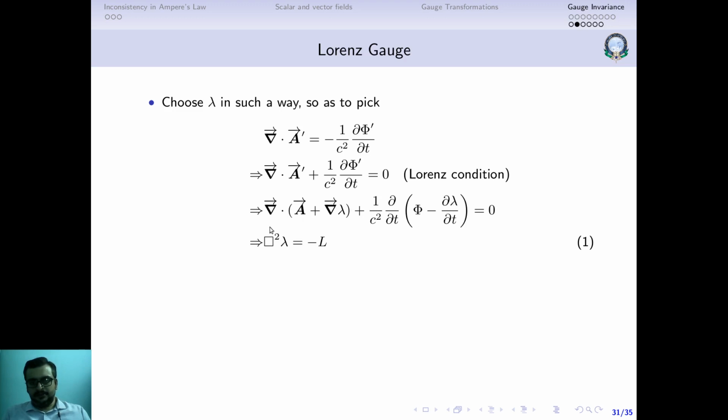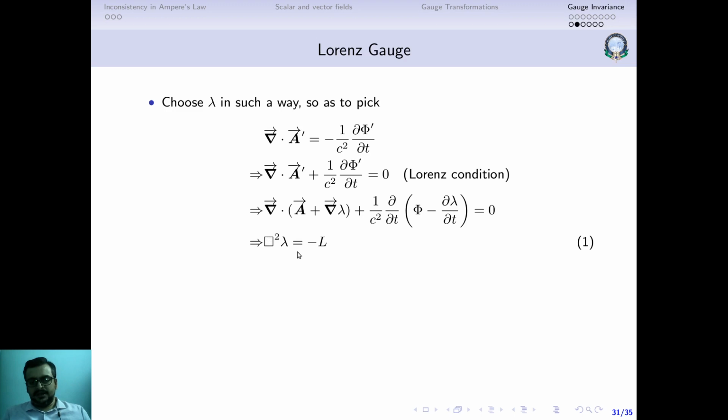So from the first term we get Laplacian of lambda, from the second term we get minus 1 by c square dou square lambda by dou t square, which is nothing but the D'Alembert operator. So the D'Alembert operator operates on lambda. And the other things, that is divergence of A plus 1 by c square dou phi by dou t, is nothing but your L, to bring this side.